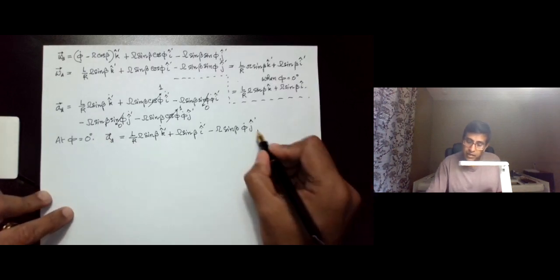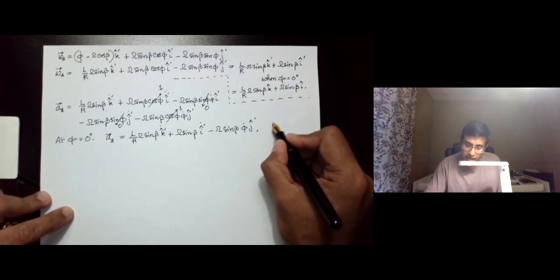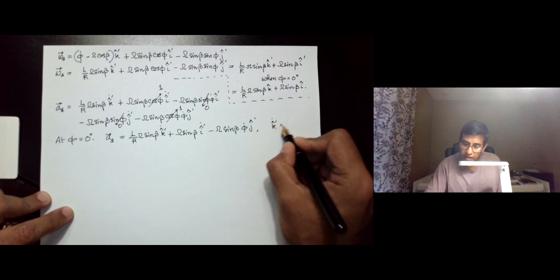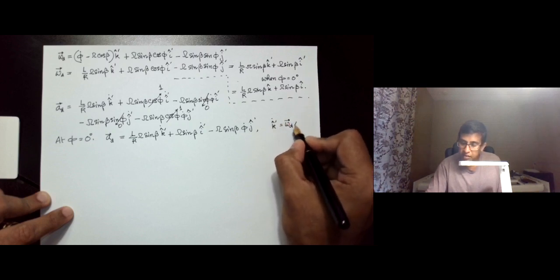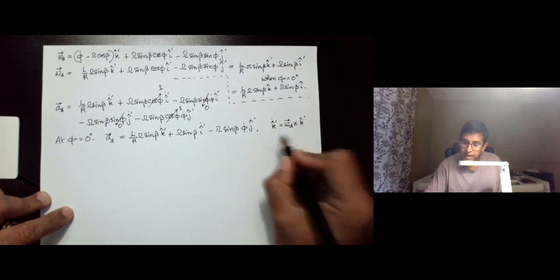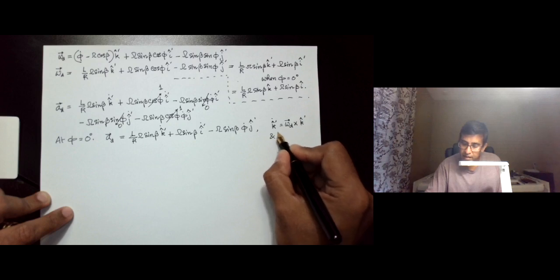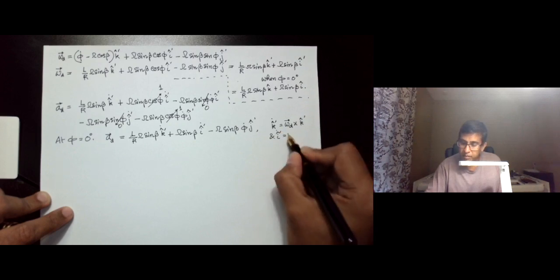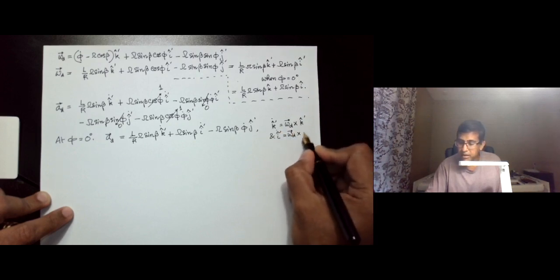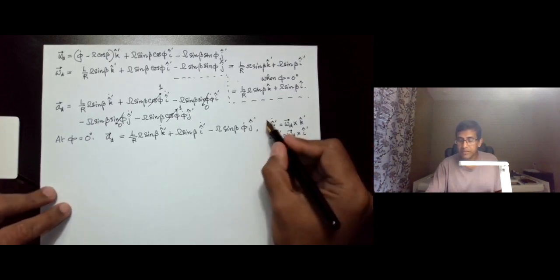So we note that k prime dot is omega d cross k prime, and I prime dot is omega d cross I prime. Why is that so?